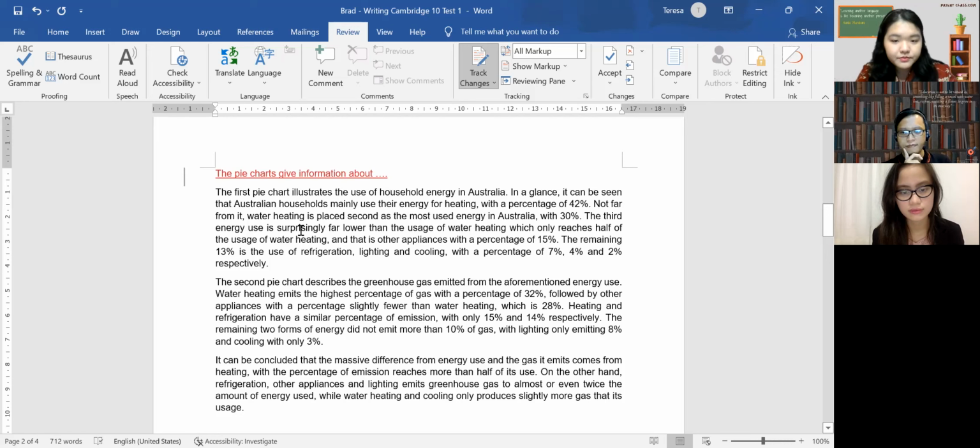Other than that, if you want to elevate your writing, okay, you've used very good words like aforementioned here, right? And then emits, emitting, emission, yeah, something like that. Appliances, and etc. But there's a tendency of a repeating structure.